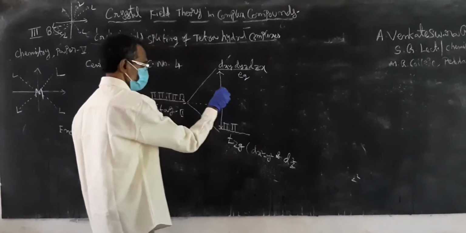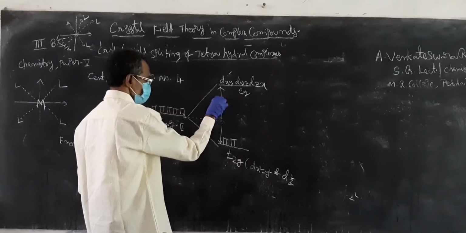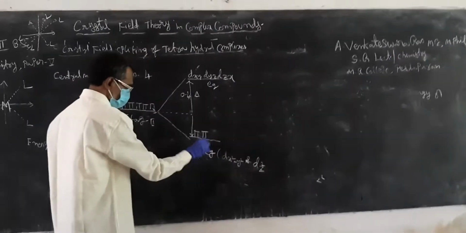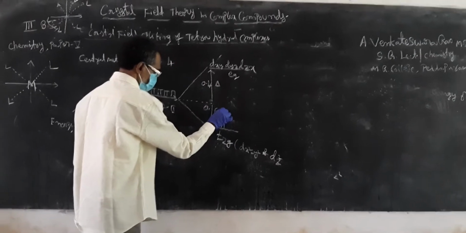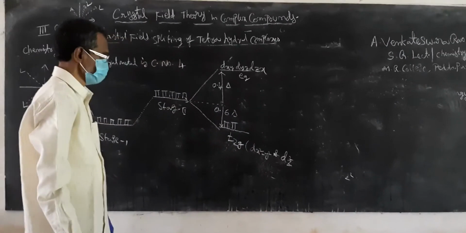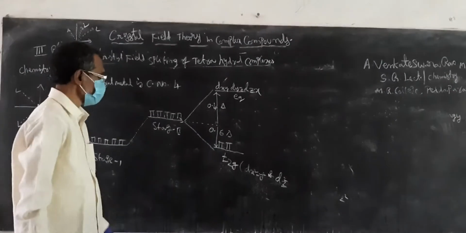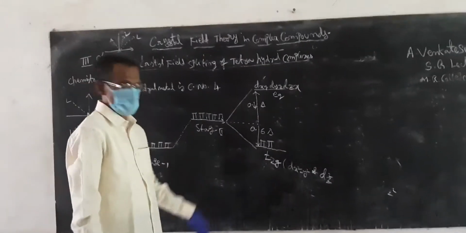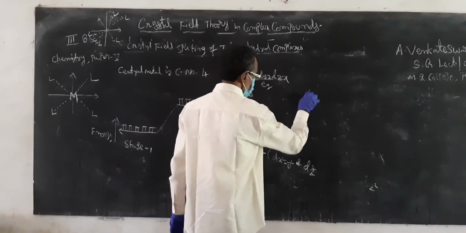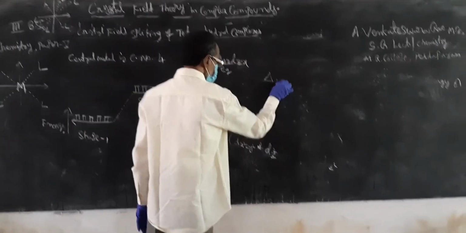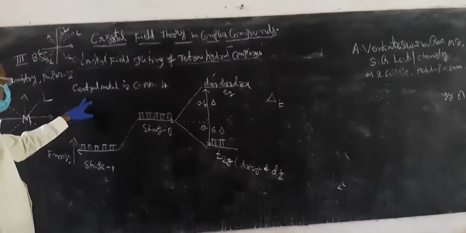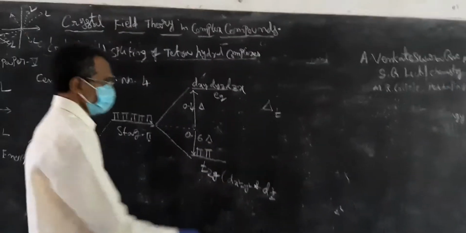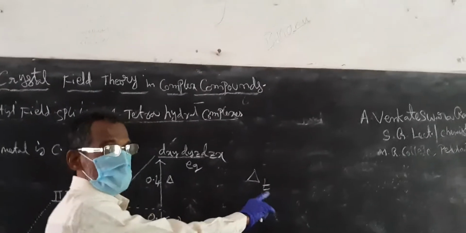In tetrahedral complexes, the orbitals carry 0.4 delta and 0.6 delta energy. Delta O is for octahedral complexes, and delta T means tetrahedral complexes.